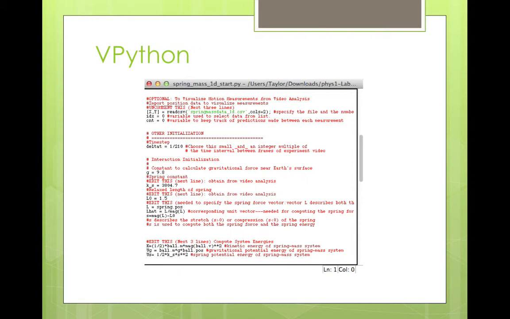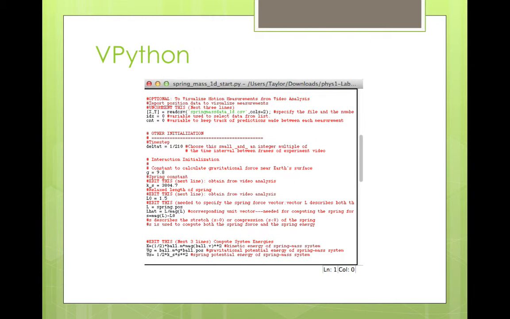Other initialization includes the gravity, the spring constant, which is shown, the relaxed length, which is 1.5, and then L, which is just the spring position, L hat, which is L divided by the magnitude of L, and S, which you will see in the spring force equation to be the magnitude of L minus L0.